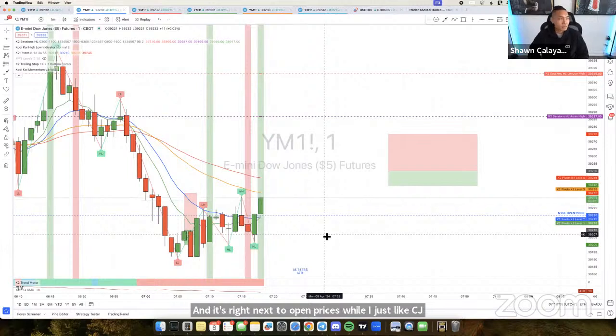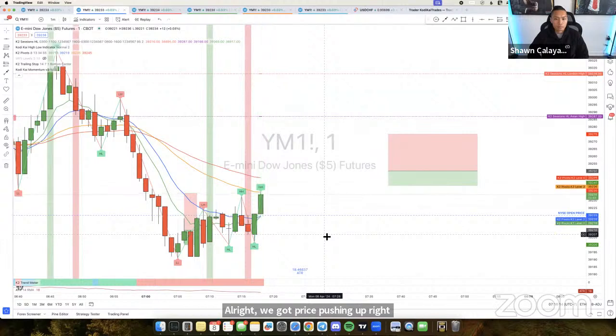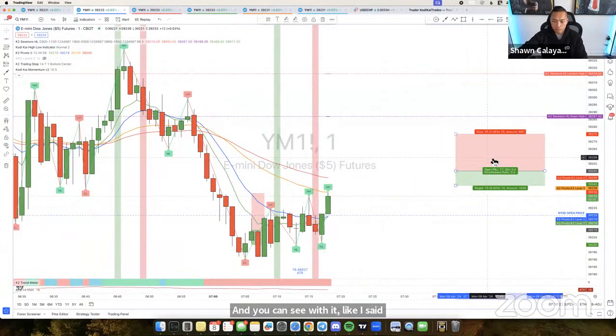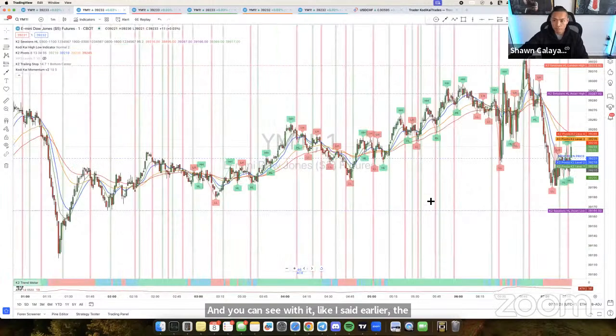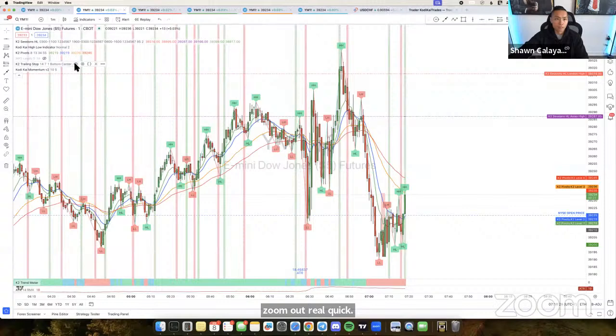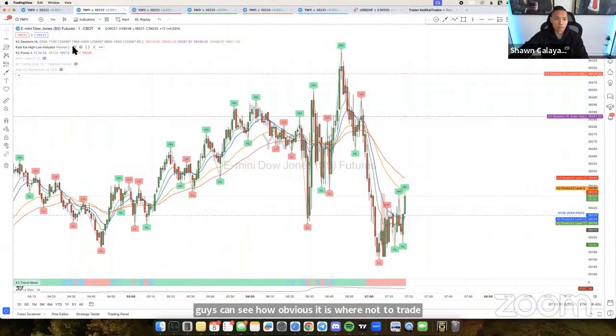All right, so we got price pushing up right here. And you can see, like I said earlier, the manipulation happens at these horizontal lines. So let me zoom out real quick. I'm going to show you guys one more time so that you can see how obvious it is where not to trade. Turn these off right here.